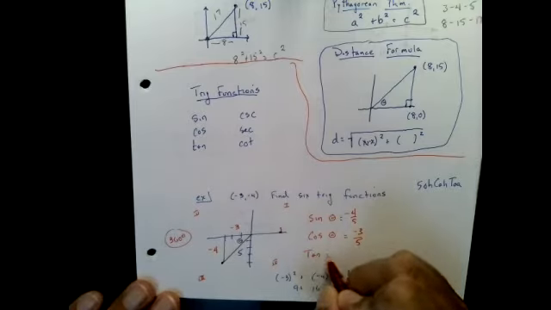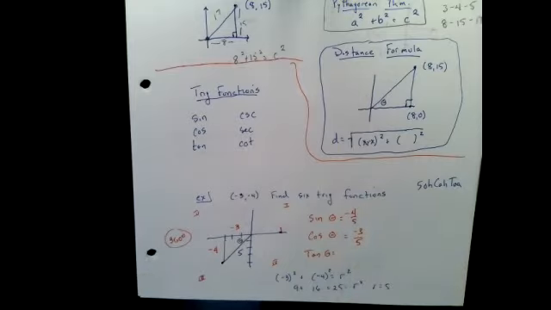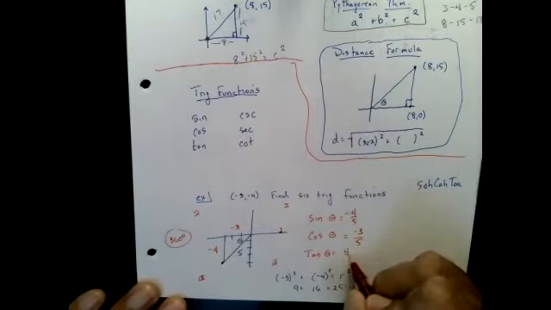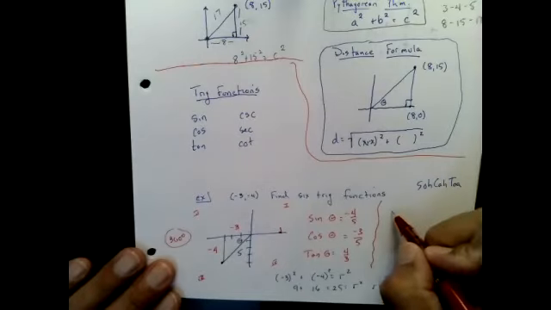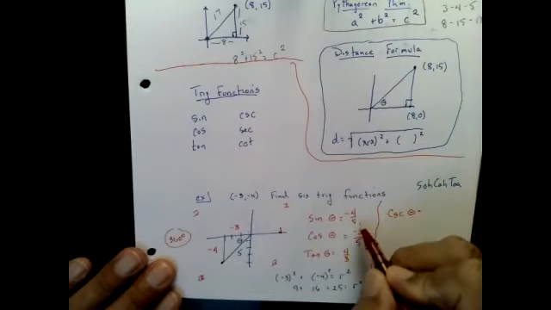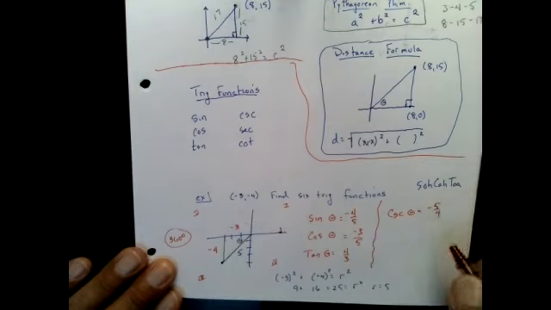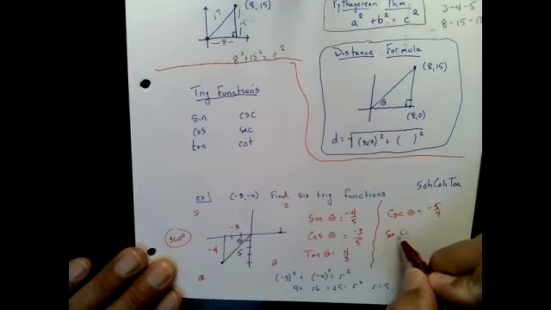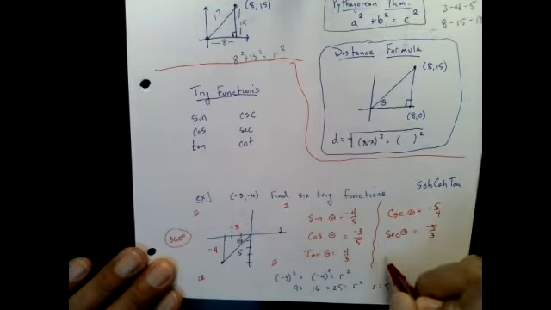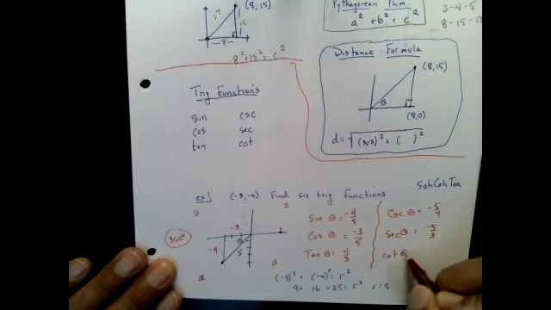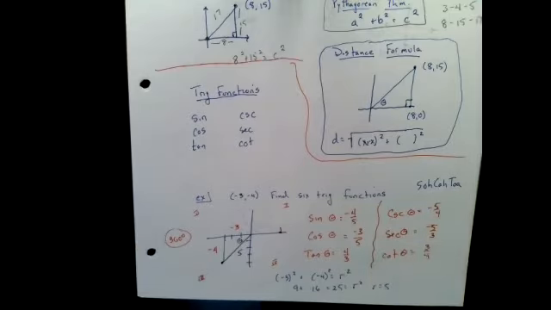Finally, the tangent of theta is going to equal opposite over adjacent. 4/3. Yepers. Good. And now if I wanted to keep going, the cosecant of theta, flip it, -5/4. The secant of theta, flip it, -5/3. And the cotangent of theta, 3/4.